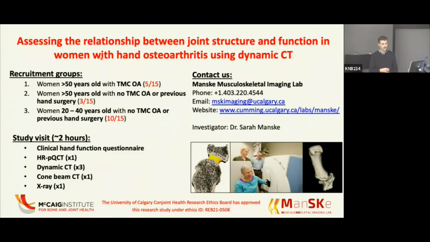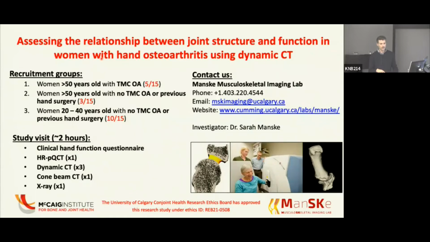What I'm looking to do is use joint motion or joint angles as a measure of quantifying the function in the joint. That's why we have the movements like opposition. In big terms, I would like to see how you go from joint angles to development of osteoarthritis.